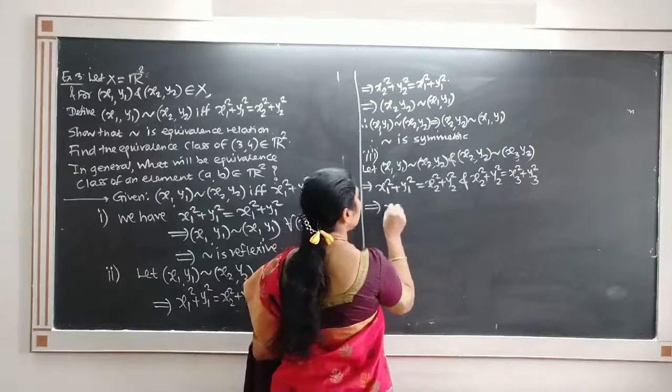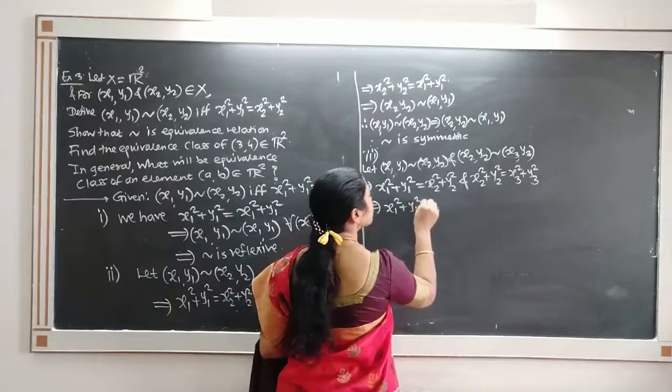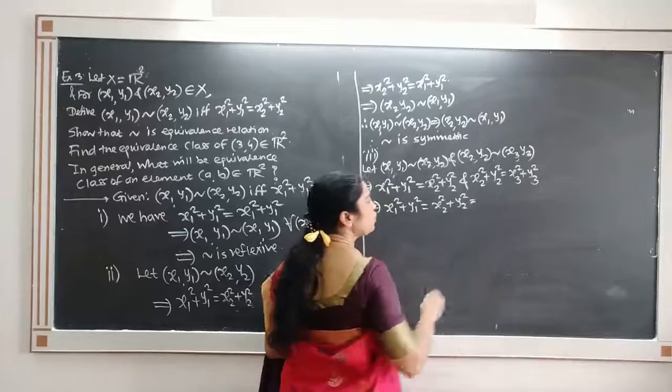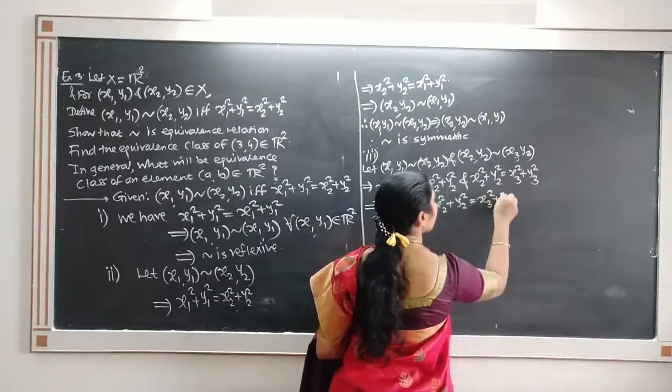So x1 square plus y1 square is equal to x2 square plus y2 square, and that is also equal to x3 square plus y3 square.